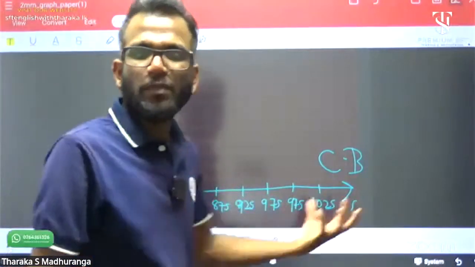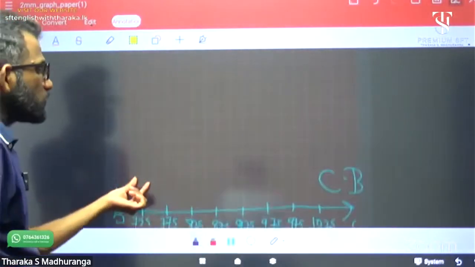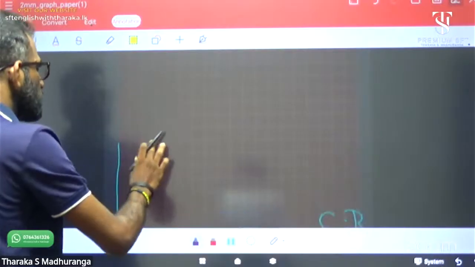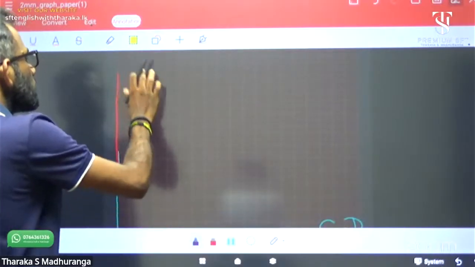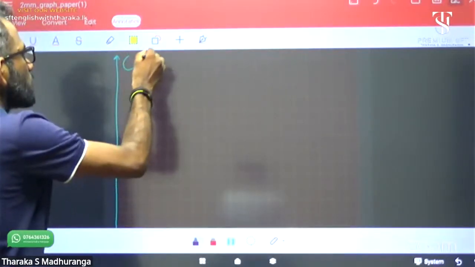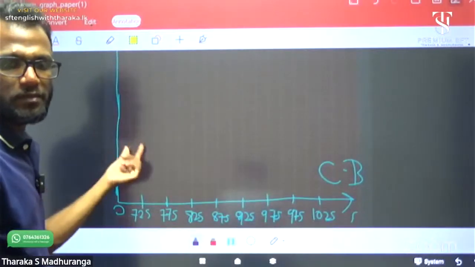Okay, they are the class boundaries. The next one is cumulative frequency, not the frequency. The Y column is cumulative frequency.